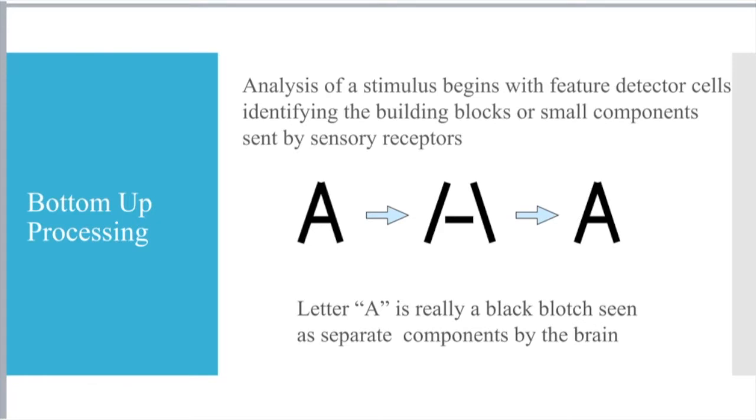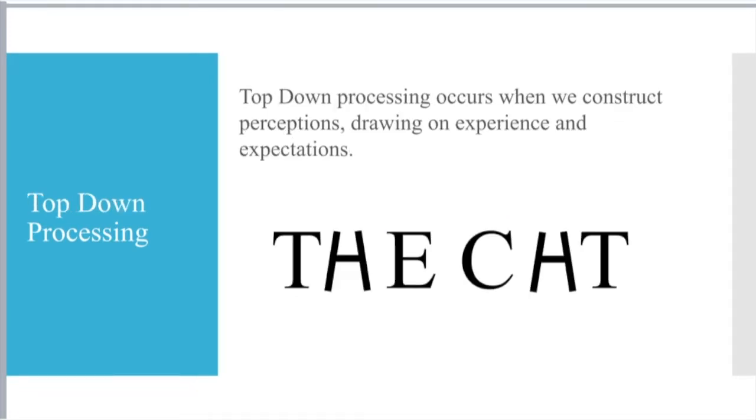When they're put together, they create an A, which sounds like "ah," if you remember kindergarten. A, "ah," right? The analysis of a stimulus begins with the feature detector cells identifying the building blocks or small components sent by sensory receptors. So if we're bottom-up processing something, we're taking in all aspects of it and integrating that into our understanding, right?